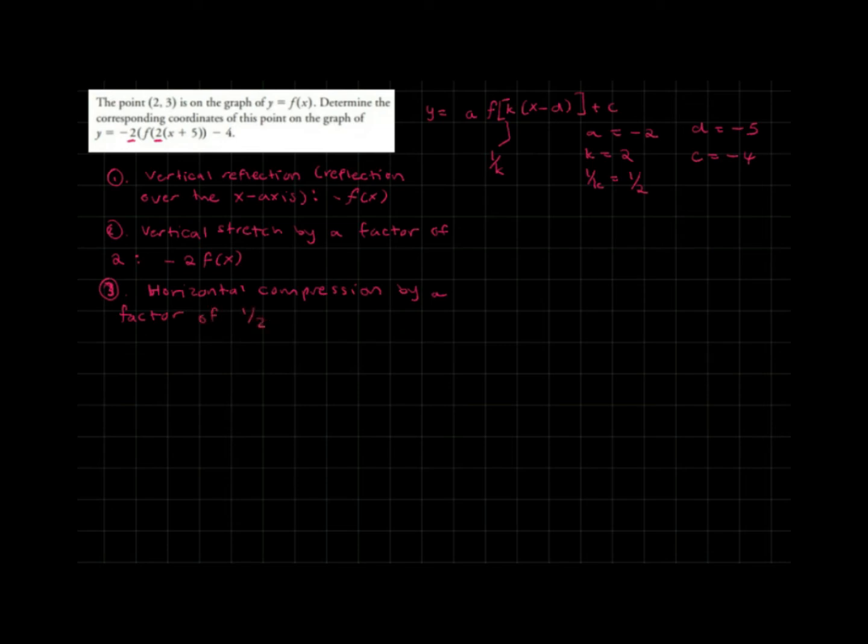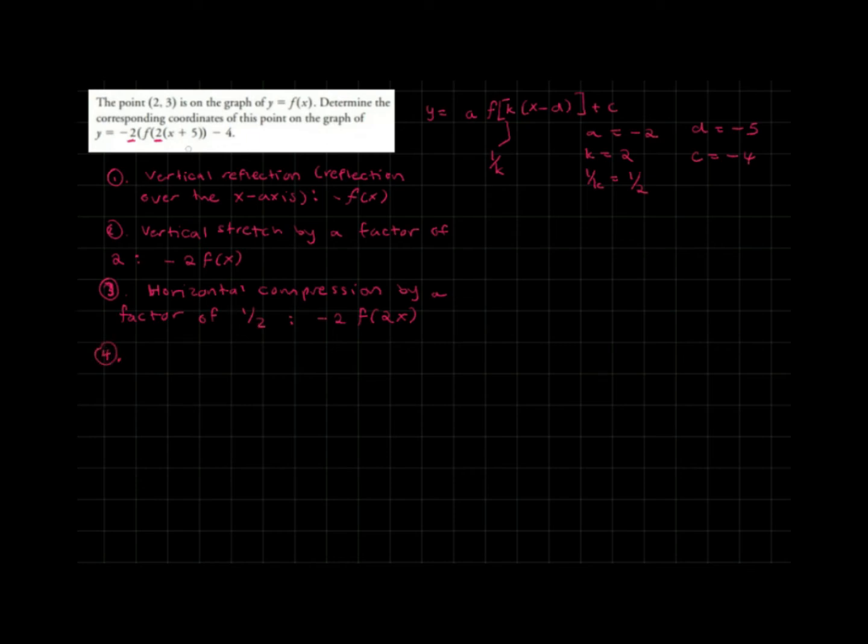And what this looks like in function notation is -2 f of 2x. In function notation we're just building the function together, but the transformation is still a compression by 1/2, so it might look different in function notation in comparison to the actual transformation.